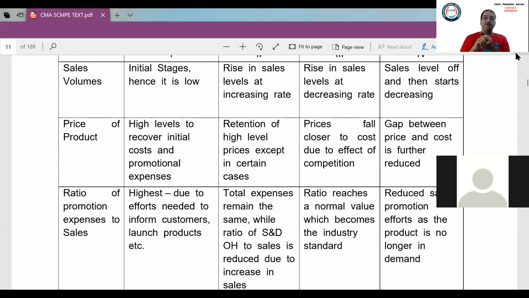After that, normal operating expenses will be more or less the same, but your promotional expenses die down. When you reach the maturity stage, you have only the operational expenses; the R&D expenses are not there. So R&D expenses and promotional expenses are very less. And in the declining stage, hardly anything is there.